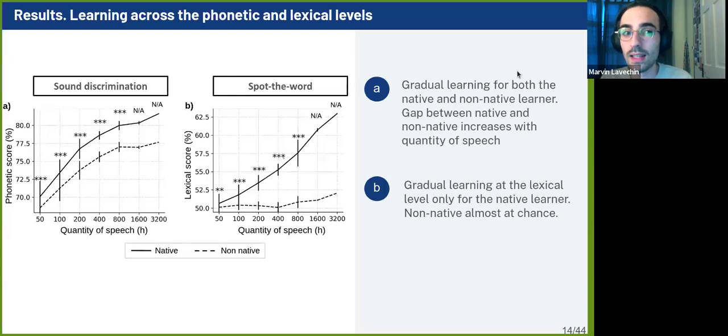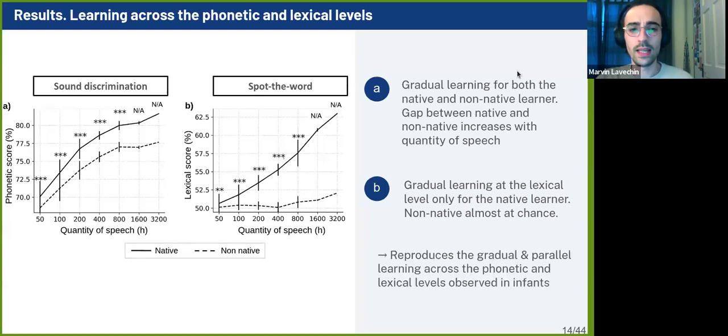It seems that some environments yield better speech sound discrimination capabilities than others. But this can be due to other factors as well, because in machine learning, if we train a model twice, we won't have the same model at the end. It's not deterministic.